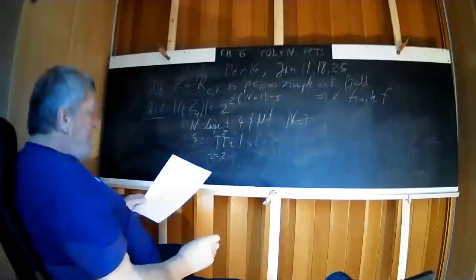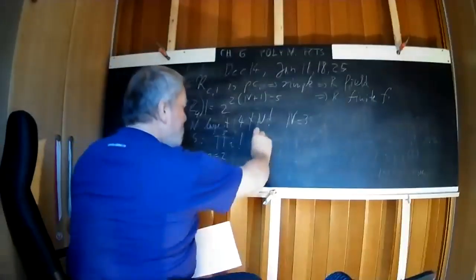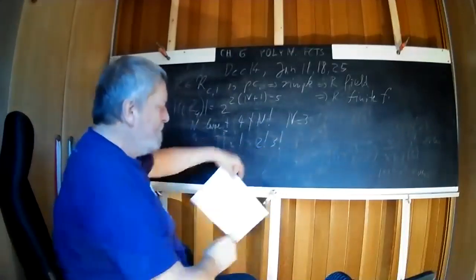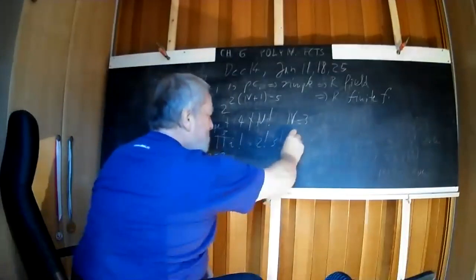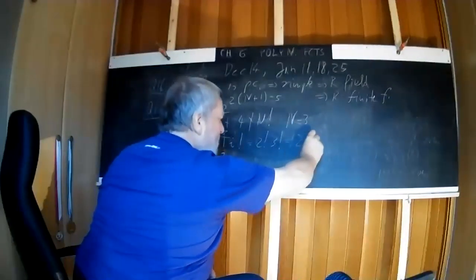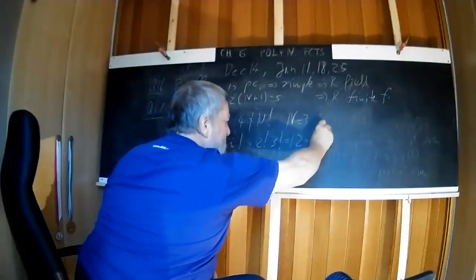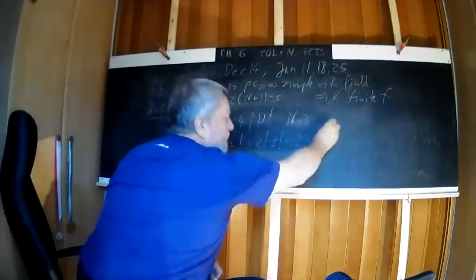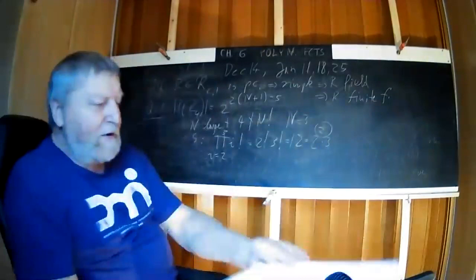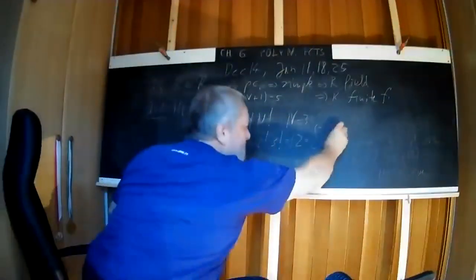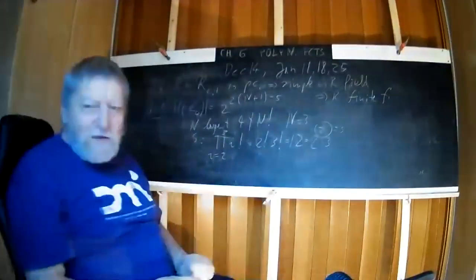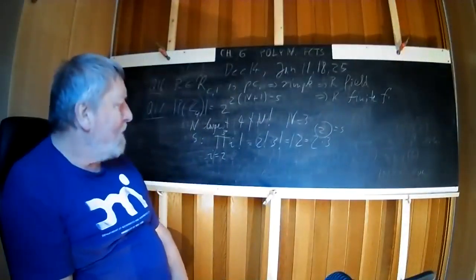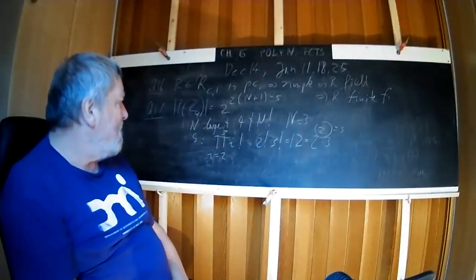And that's 2 factorial times 3 factorial, which is 2 times 6, which is 12. And 12 is 2 to the second power times 3 to the first power. And this exponent here is just equal to s. A very strange formula, but this will give you the number of polynomial functions.